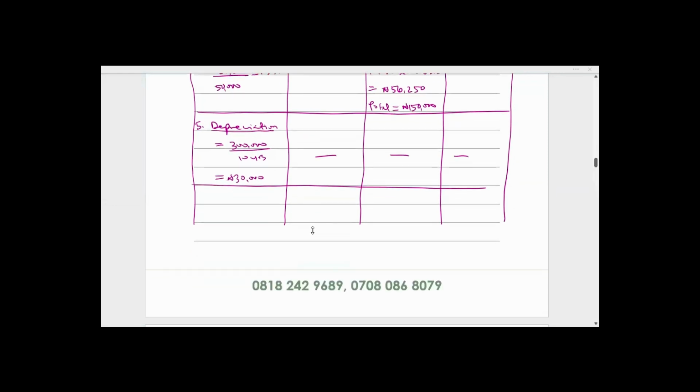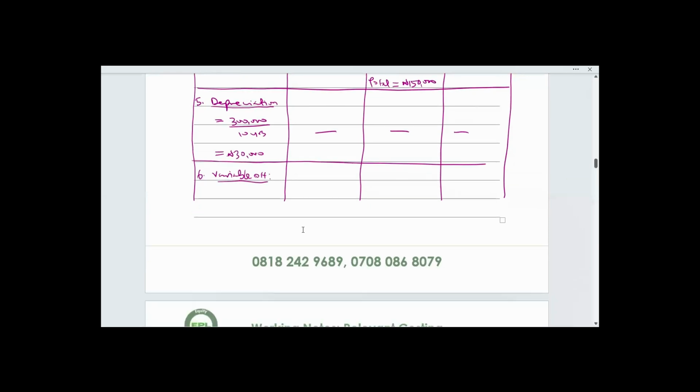Okay then. So we have calculated the annual depreciation. Working number 6 now. I need to determine variable overhead per unit. So variable overhead. How am I going to determine my variable overhead? Examiner has told me that, first thing first, I'm looking for variable overhead per unit.